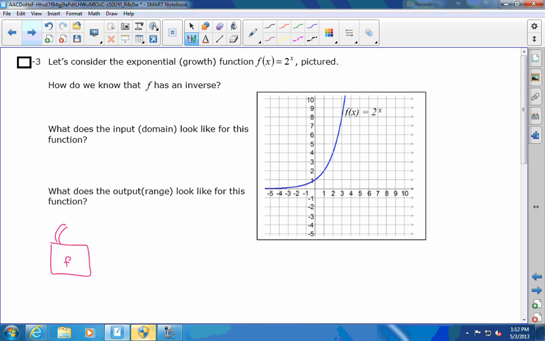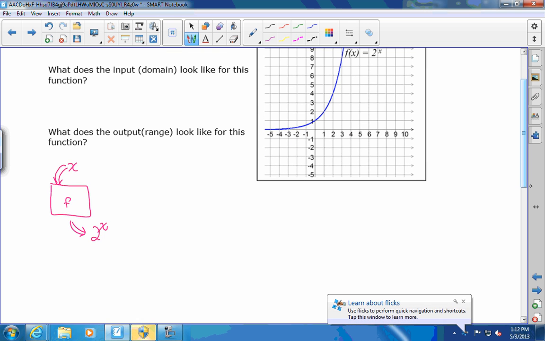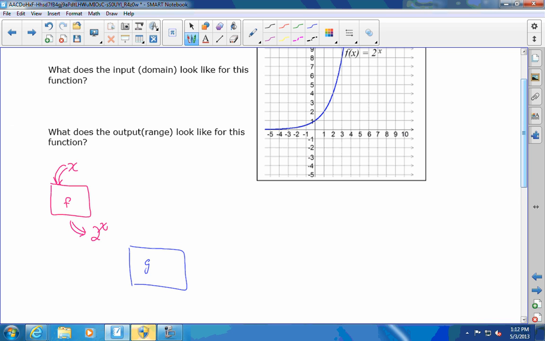I put into f some number called x, and out comes 2 to the x. If I want to find an inverse for this function, then I have another box called f's inverse. We're going to call that g for today, for a reason you'll see later.